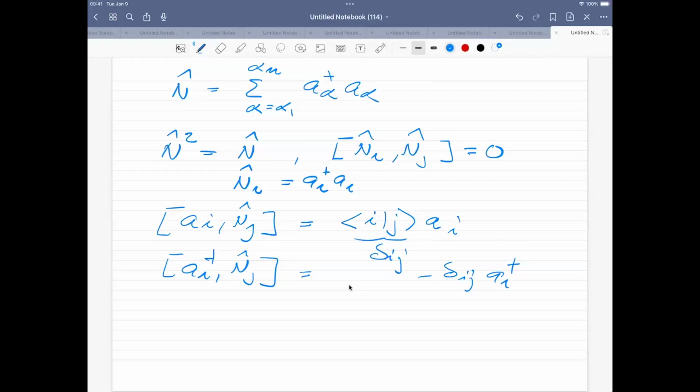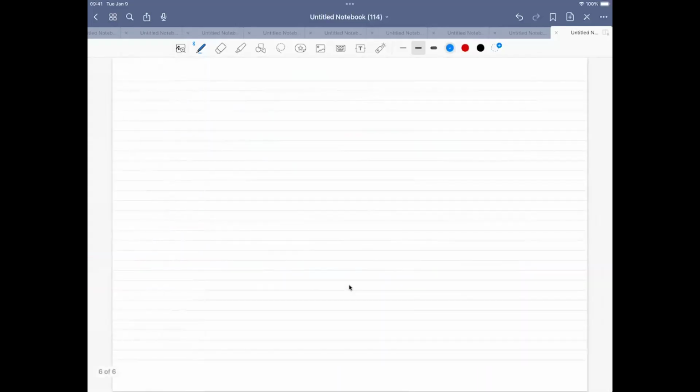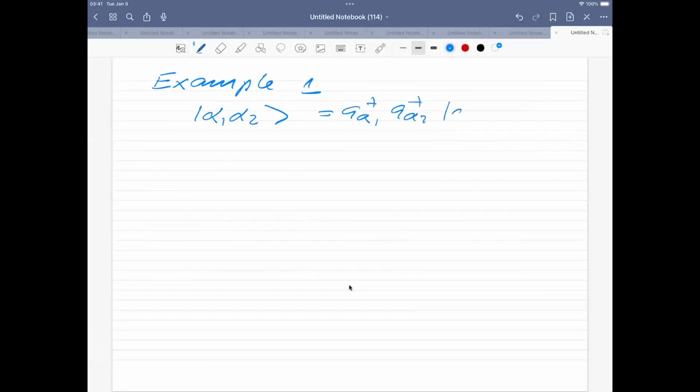So let's now take a look at where we were last week. So we had an example where we looked at the state alpha 1, alpha 2, which is A alpha 1 dagger, A alpha 2 dagger here, acting on the vacuum state.